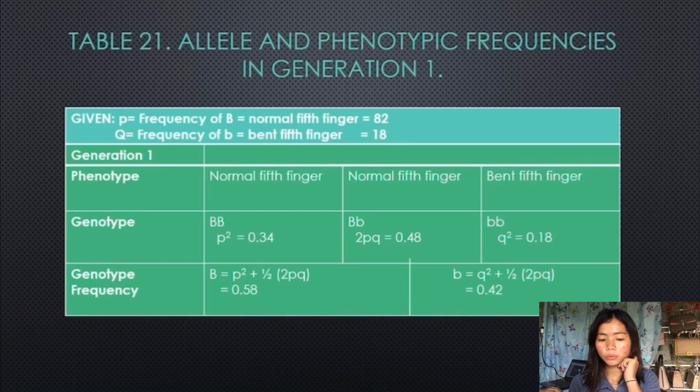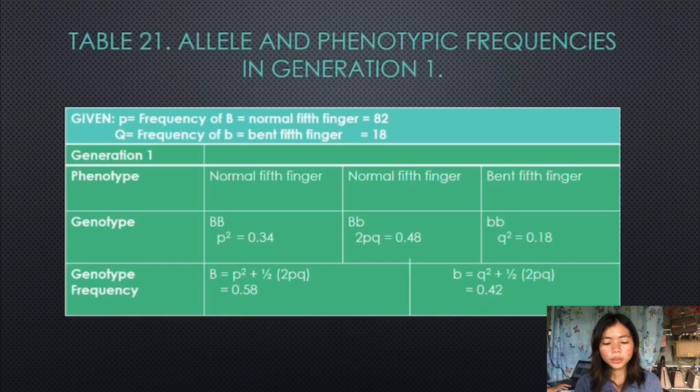First, we need to find the allelic frequency by the formula P plus Q equals 1. We cannot get P first, so we start with Q. Q squared equals 18 over 100, then Q squared equals 0.18.